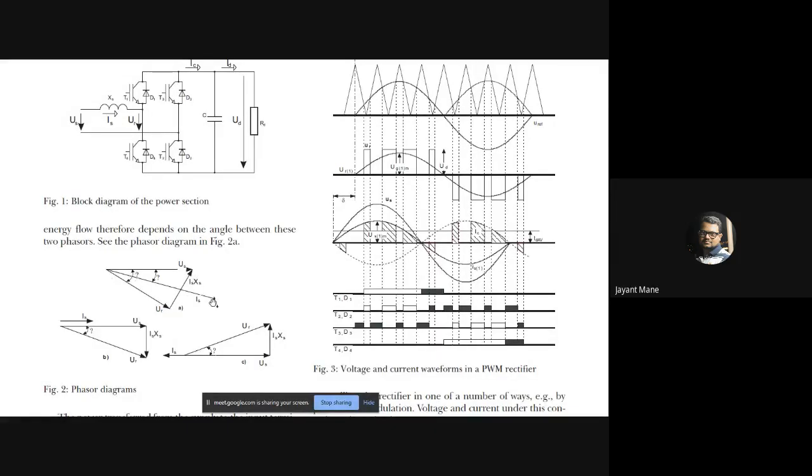Then IS current is here. So if we change the pulse widths of this converter, then the current drawn will change and the inductance drop will change, and obviously this drop will change.